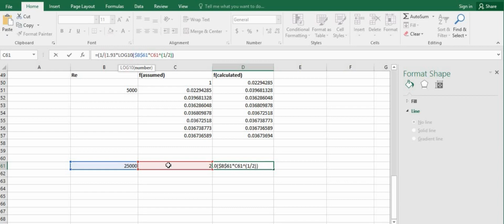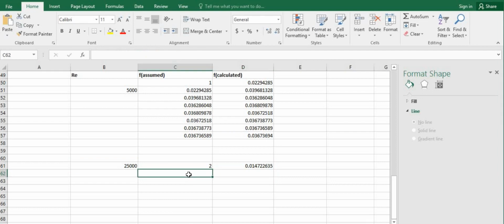And you have to close the other bracket and then minus 0.537. Then you close the bracket for the denominator and then close the bracket for everything, then raise it all to the power of 2.